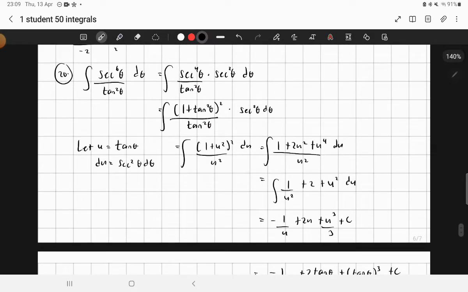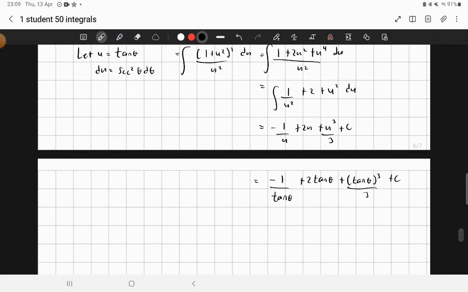Very nice. I believe that should be the answer. If you want to express 1 over tangent theta as cotangent theta, be my guess. I don't see it as a problem. Yeah, same thing. Very nice.